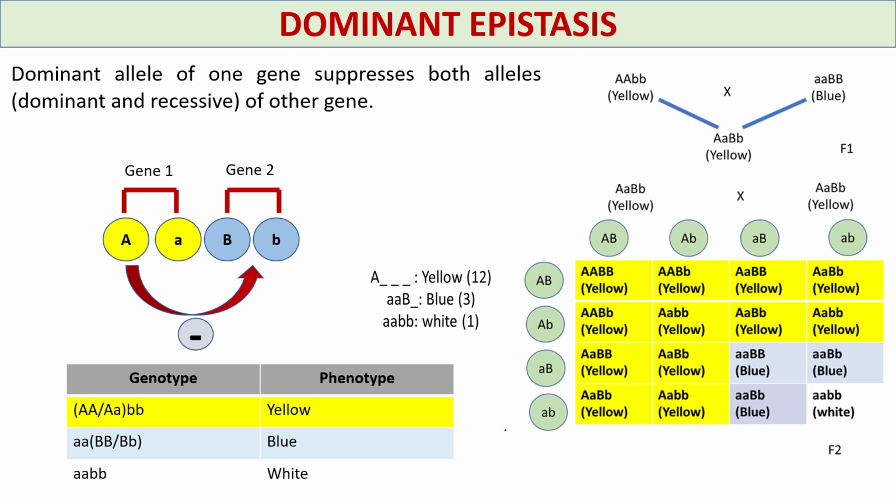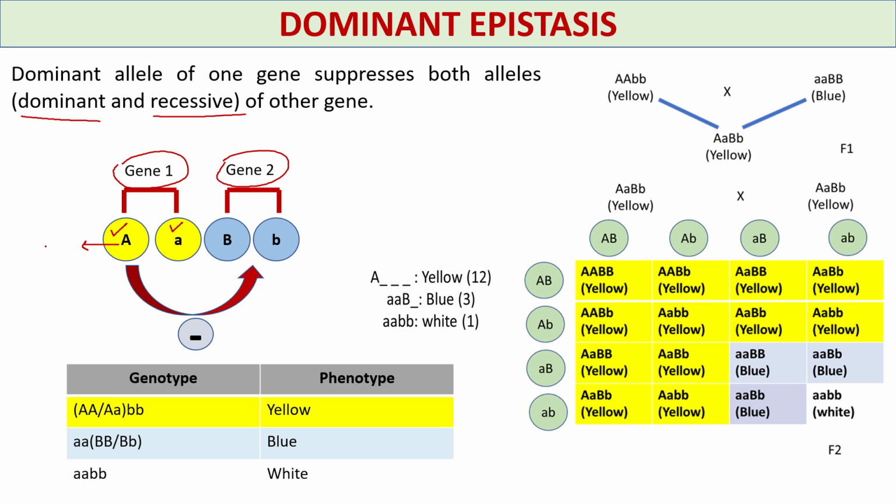In dominant epistasis, the dominant allele of one gene suppresses both alleles of the other gene. Both alleles means dominant and recessive. Suppose a plant has two genes, gene 1 and gene 2. Gene 1 has two alleles, capital A and small a.